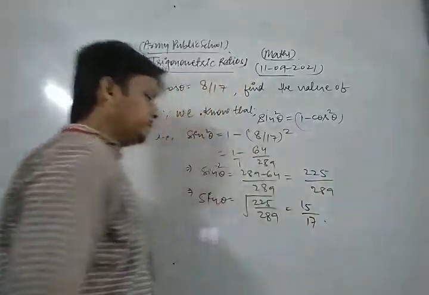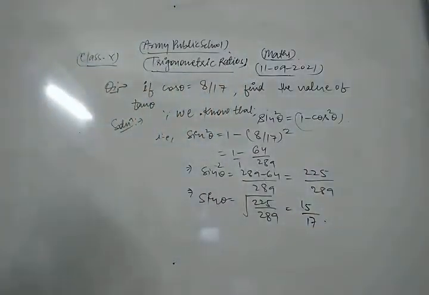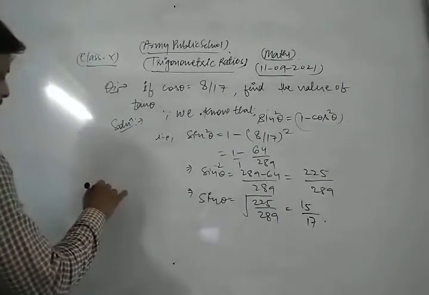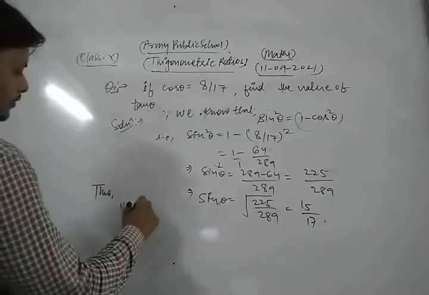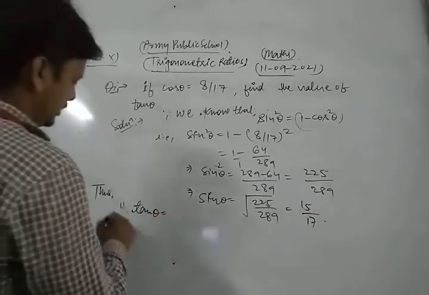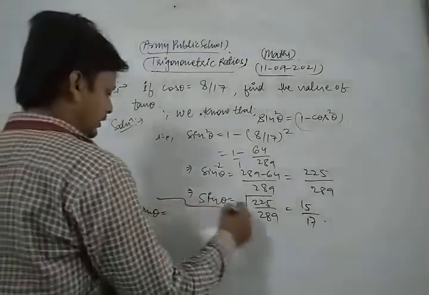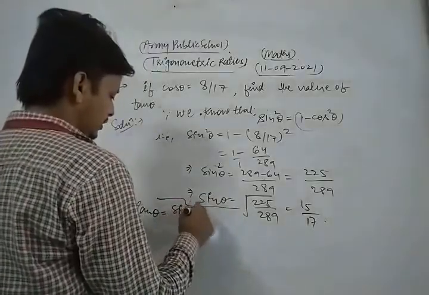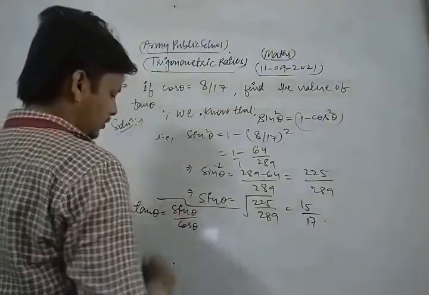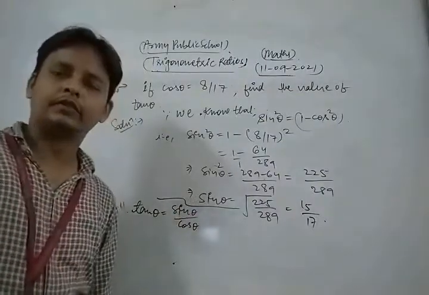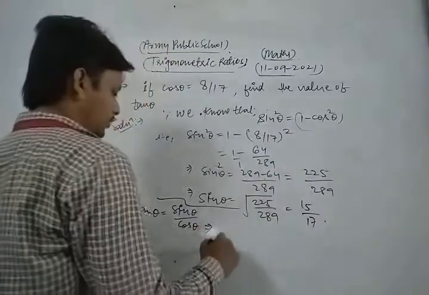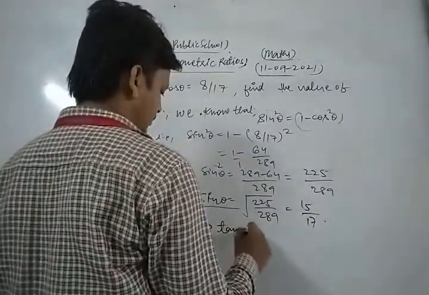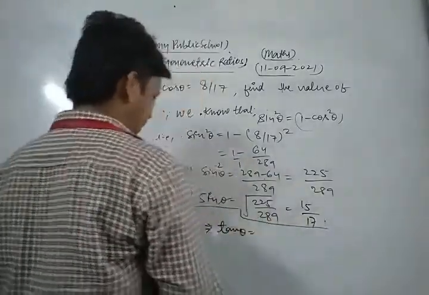So 15 upon 17 is the value of sin theta. Thus the value of tan theta, we can write tan theta as sin theta upon cos theta. We can write the value of tan theta as sin upon cos. So we get tan theta is, sin theta is what?